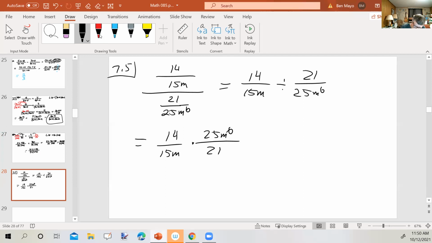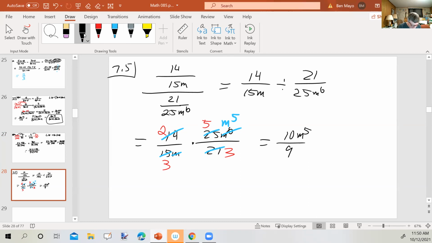So then you can come in and reduce and say, take out a 7, and you get 2 over 3. 25, take out a 5, and you get 5 over 3. m to the 6th over m is m to the 5th. So now we've got 10m to the 5th over 9.